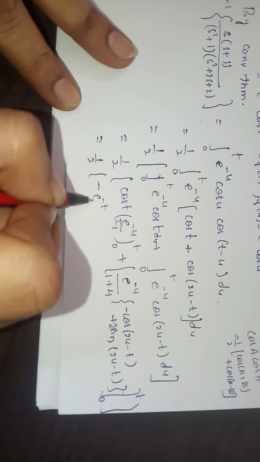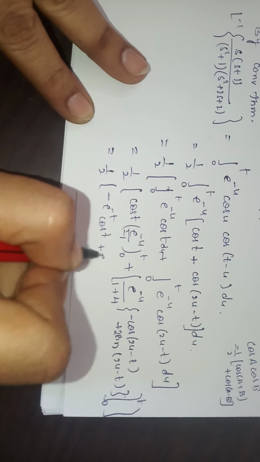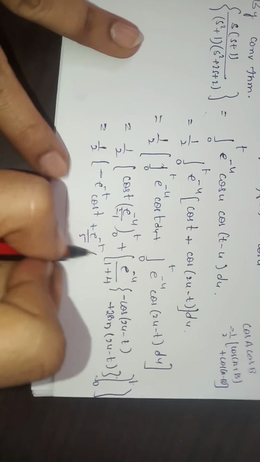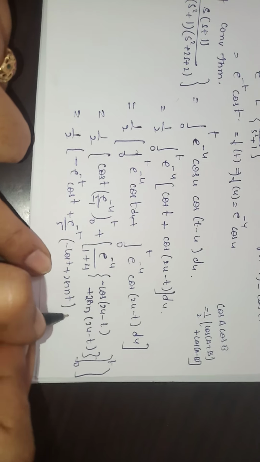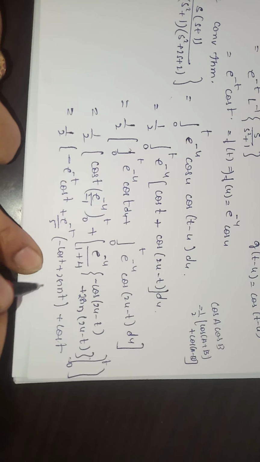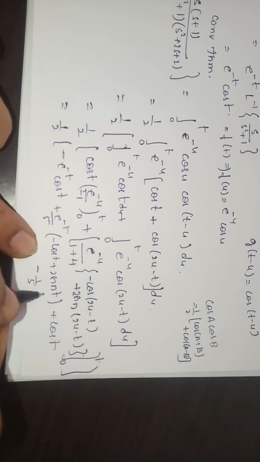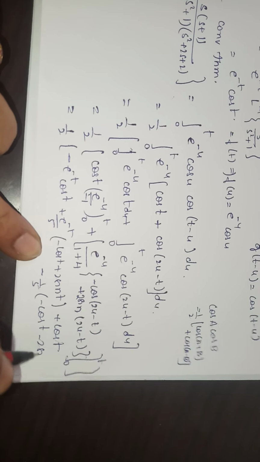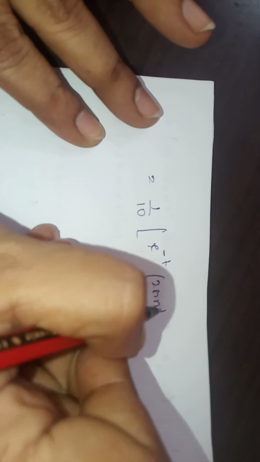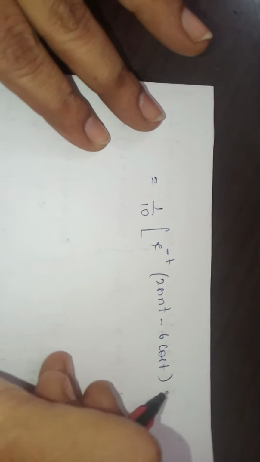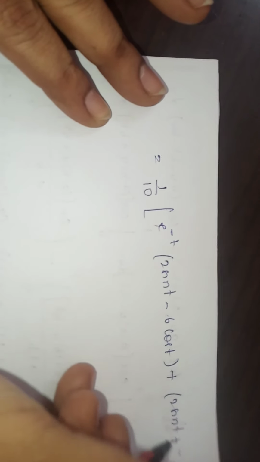minus e to the power minus t cos t plus e to the power minus t by 5 into minus cos t plus 2 sin t, plus cos t, minus 1 by 5 into minus cos t minus 2 sin t. So the total result you get is 1 by 10 e to the power minus t into 2 sin t minus 6 cos t plus 2 sin t plus 6 cos t.